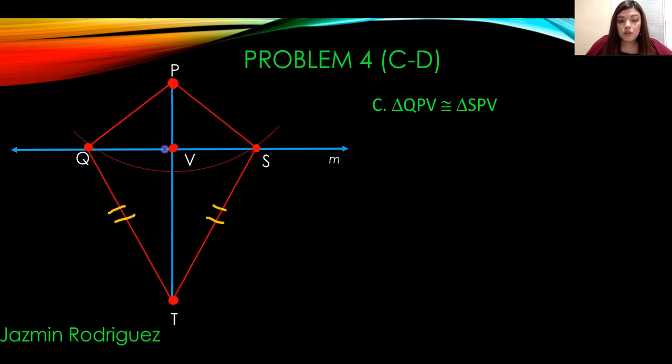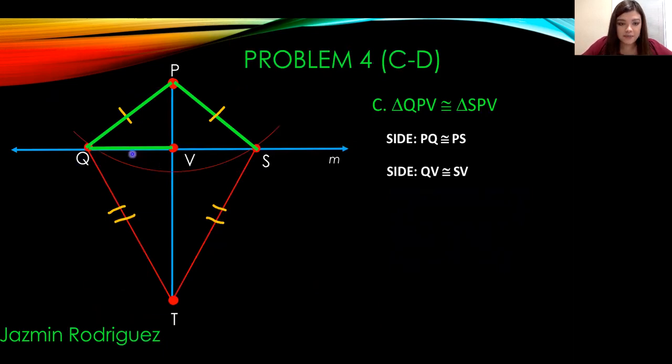And then that'll determine that those triangles are congruent. So we have already determined that line segment PQ is congruent to line segment PS, correct? Okay. And then also we determined that side QV is congruent to SV.